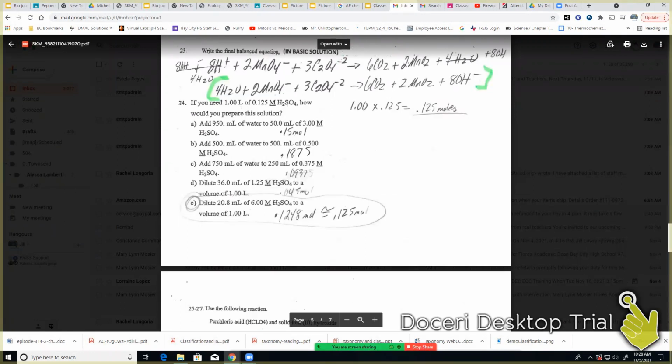The way that I approach it is I figured out how many moles of the sulfuric acid needed to be neutralized. Sorry, I got myself confused. I figured out how many moles of the sulfuric acid you needed, and then I went through each of those choices and saw which one was equal. So that's how I ended up coming up with E.